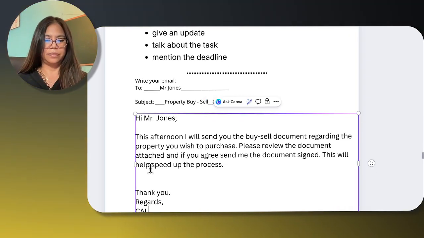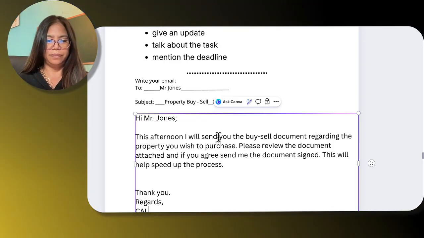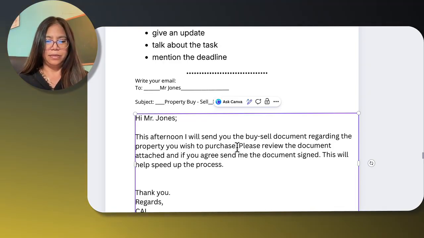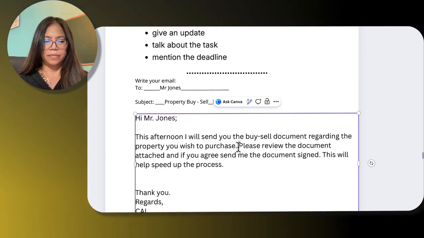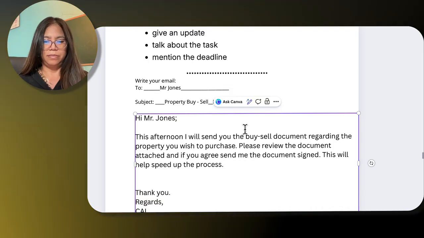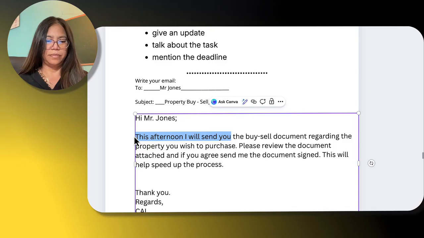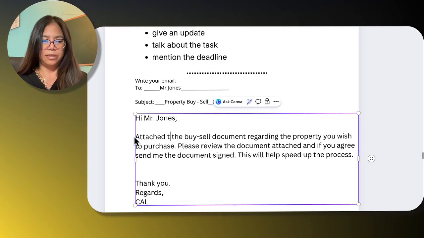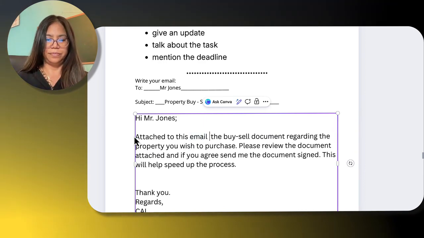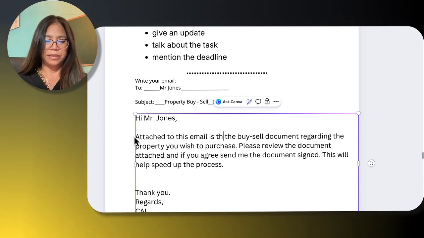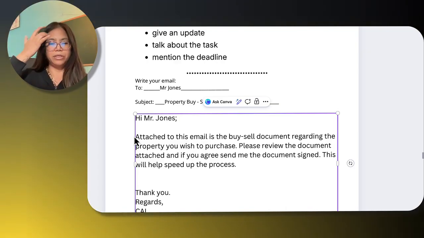Regards, Cal. Let's see. This email, let's say: attached to this email is the buy-sell document regarding the property you wish to purchase.